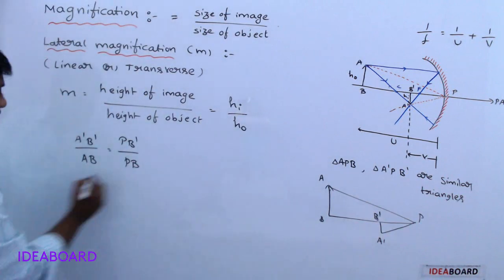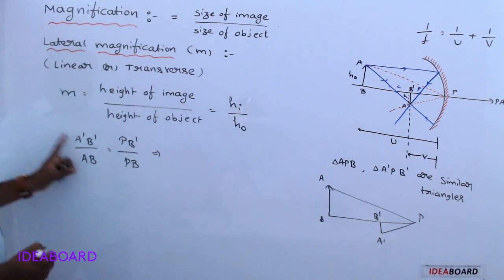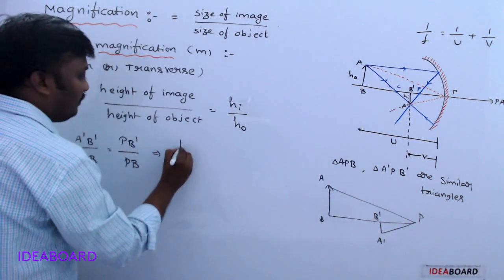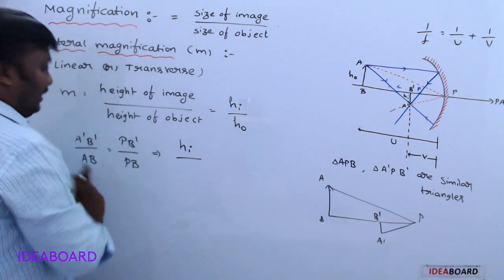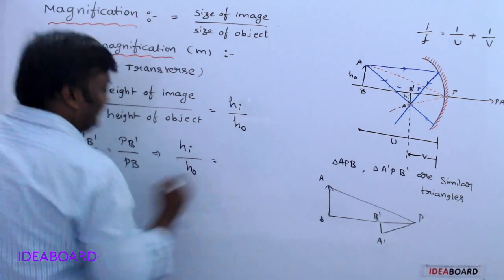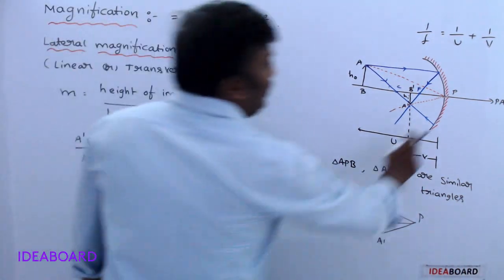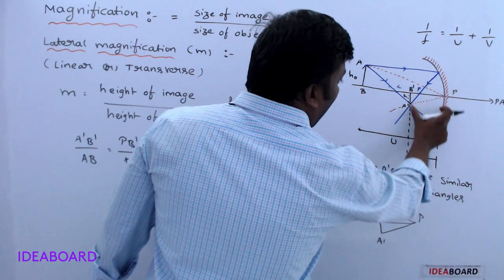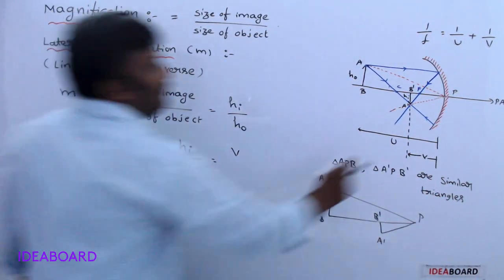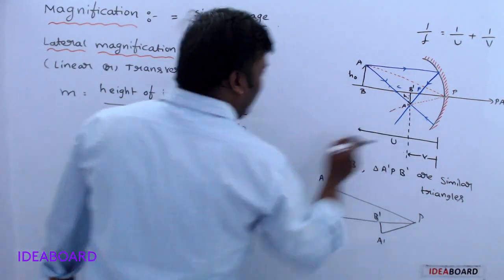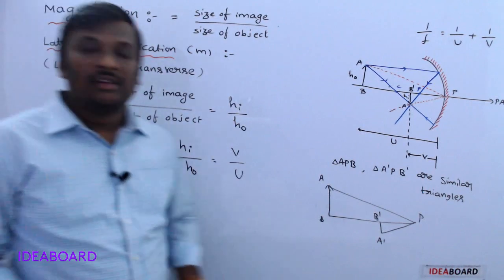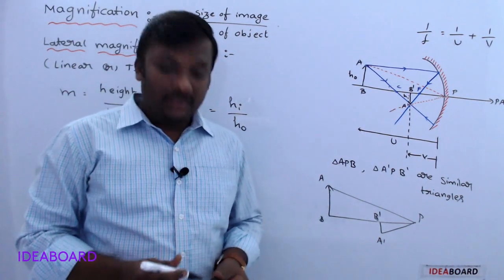Now see the diagram once properly. A dash B dash is nothing but HI, by AB, which is nothing but H naught. That is equal to PB dash, which is V, by PB, which is nothing but U. Understand? Now apply the sign conventions.